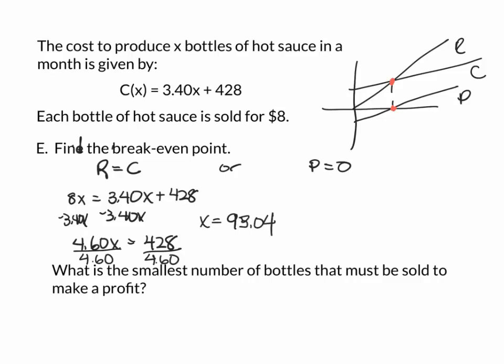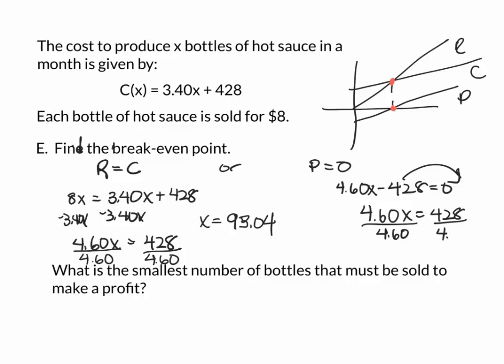If I did the same thing with the profit function, I would have 4.60x minus 428 equals 0. So if I move this over to this side, I'd get 4.60x equals 428. Divide by 4.60, and I get that same value of x.